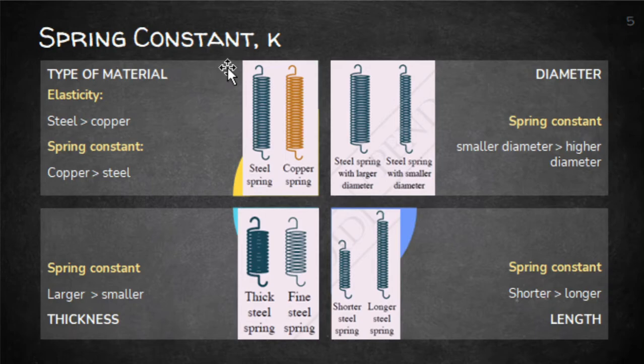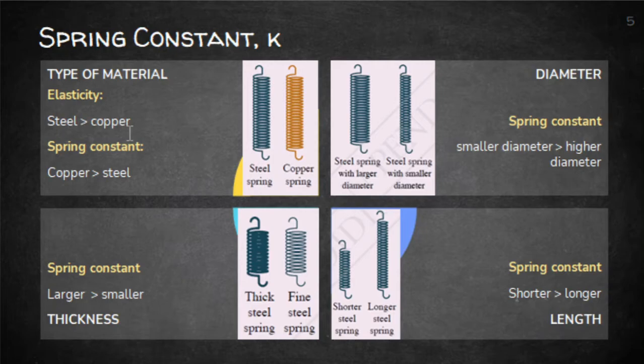We have the first group, which is steel spring and copper spring. They are different in the types of material, but they have the same diameter, the same thickness and also the same length. We see that the elasticity of steel is higher than copper, while the spring constant of copper is higher than steel. By this relationship, we know that the elasticity and spring constant of a spring are inversely proportional.